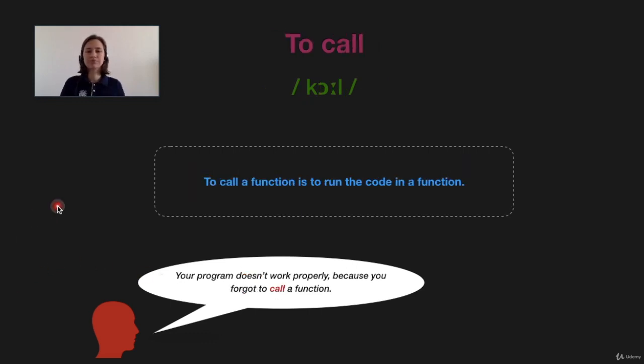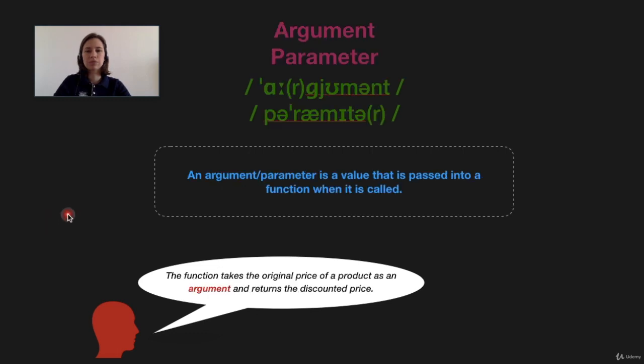To call a function is to run the code in a function. An example. Your program doesn't work properly because you forgot to call a function. The next one is argument, or parameter.